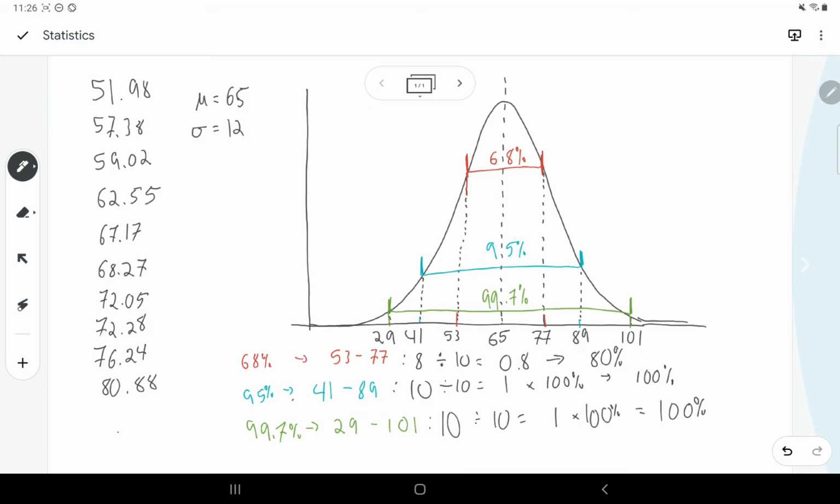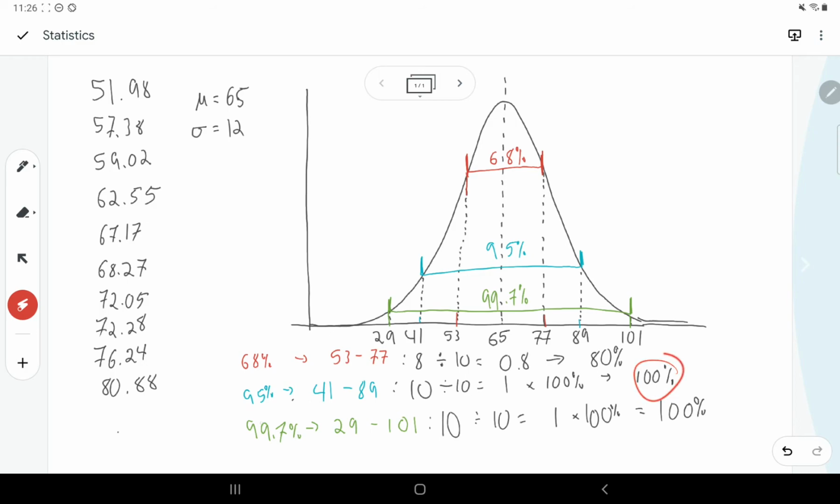Okay, so now we can check. So is the first bin valid? Or in other words, are there at least 68% of all values there? Well, 80 is bigger than 68, so yes, we have at least 68% of those values. Next bin, are at least 95% of the values within this range?